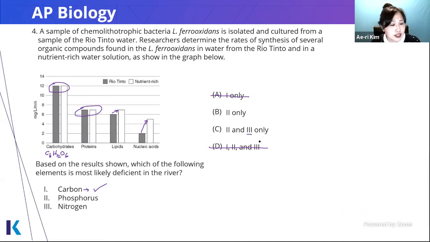So Roman numeral 3, let's take a look. Nitrogen. Nitrogen does not exist in carbohydrates, at least the vast majority of carbohydrates. So if I was deficient in nitrogen, it wouldn't affect carbohydrate levels. And so that part's okay. Now, nitrogen is a pretty big component of proteins. If you've had a chance to study proteins and amino acids, it's called amino for a reason, because nitrogen is essentially the foundation of how amino acids link together to form your proteins.